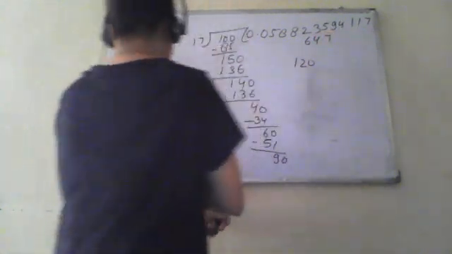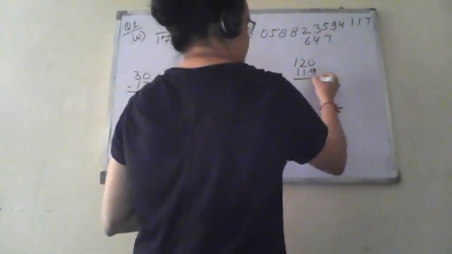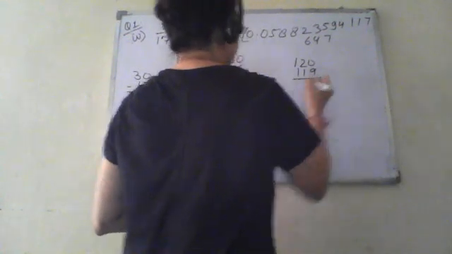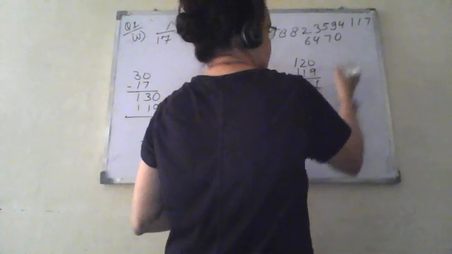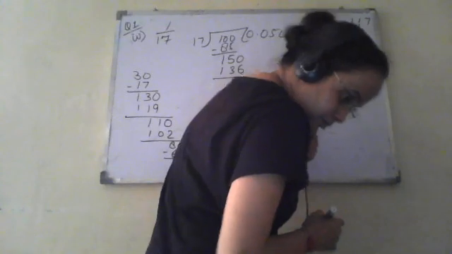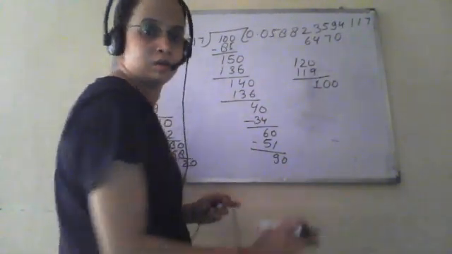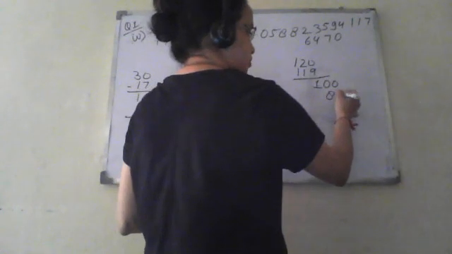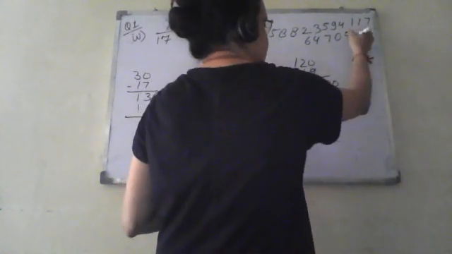This is 7. And it will be 119. This is 1. We will put 0. 7. Wait. So this is 85. And this is 15, 5 times.